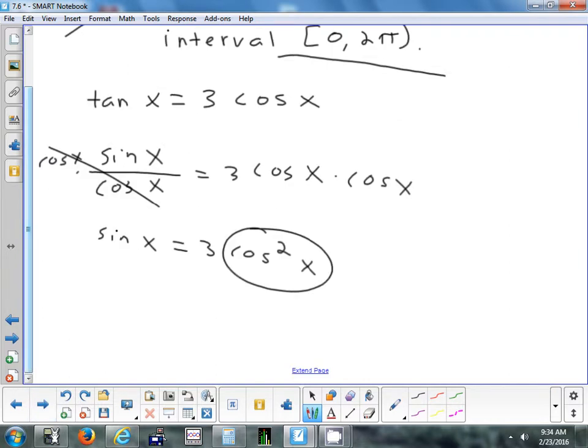I would bring everything to one side first, and then change it. So we have a choice: either bring everything to the right or bring everything to the left. You want to put everything on the left? Okay. So we'd have negative 3 cosine squared x plus sine x equals 0.